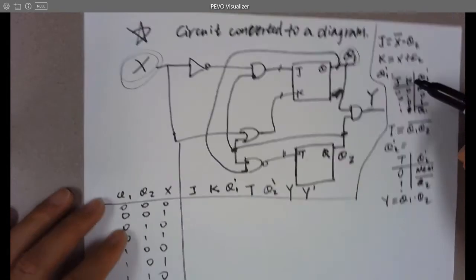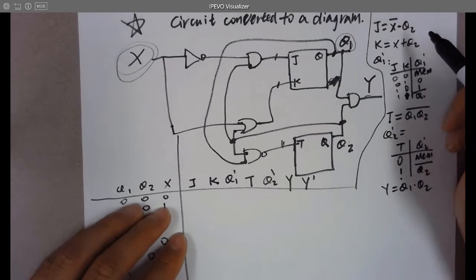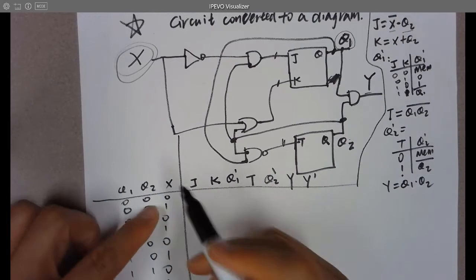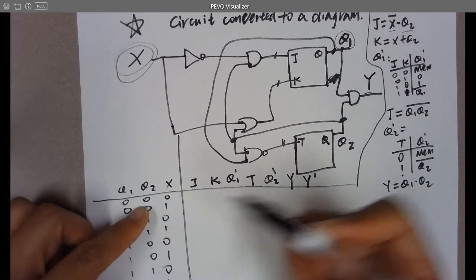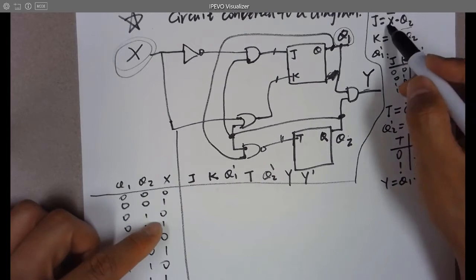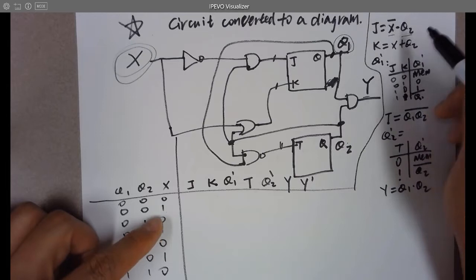These are all the things we need to know whenever we are plugging in all these outputs. So now let's do it one by one. It's a lot of work. So X bar and Q2, which is J. You can make a shortcut here, because whenever you get a 0 in either of these two terms, you are going to kill the AND gate and have a 0 at the output.